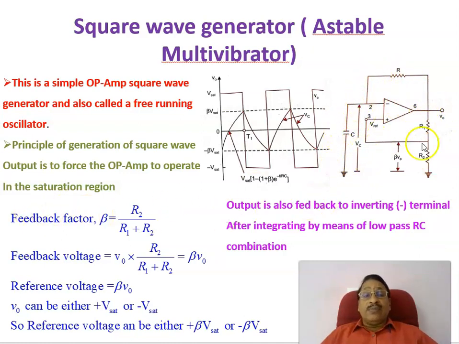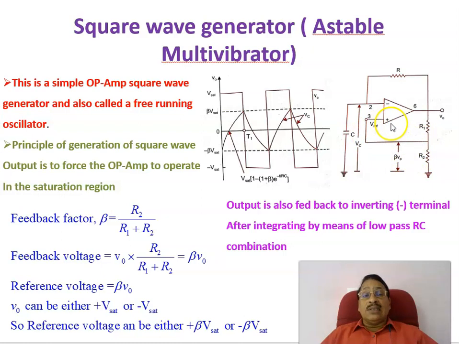Now let us see what the feedback factor is. The output voltage is fed back to the non-inverting terminal, and the feedback factor beta is given by the ratio R2 divided by R1 plus R2. Therefore, the voltage coming to the non-inverting terminal is V0 divided by R1 plus R2 into R2, or beta times V0.